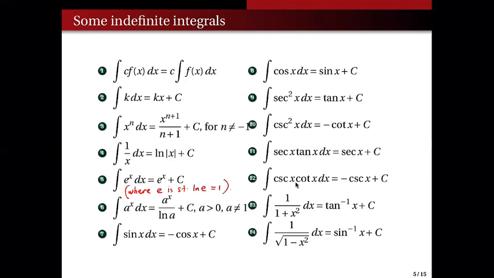Integral of cosecant x cotangent x dx is negative cosecant x plus c. What else? Integral of 1 over 1 plus x squared dx is tangent inverse of x plus c. And lastly, the integral of 1 over square root of 1 minus x squared dx is sine inverse of x plus c.